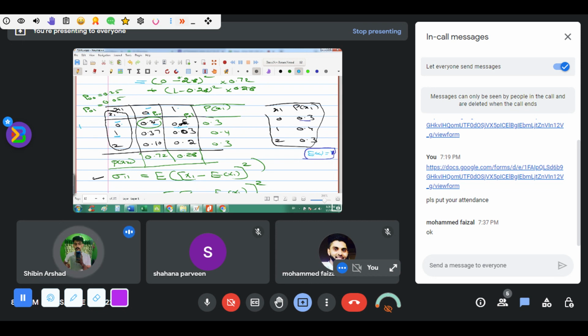P10. What is the result? 0.37. Similarly, next P11: 0.03. Next P20: 0.1. Next P21: equal to 0.2.